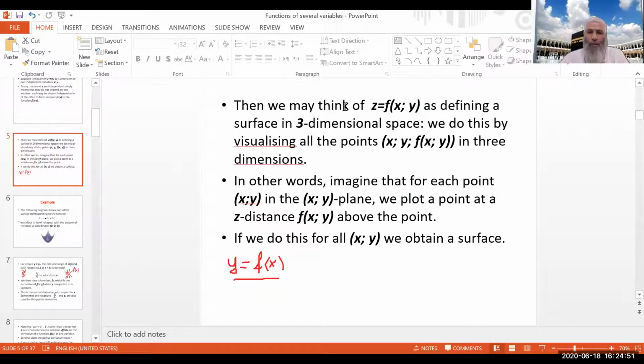Then we may think of z equals f of x and y as defining a surface in three-dimensional space. We do this by visualizing all the points x, y, and f of x, y in 3 dimensions.